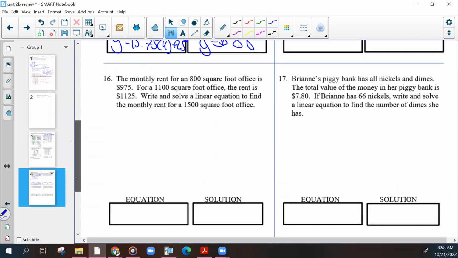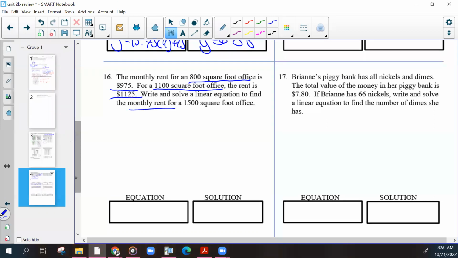So here, you're given an 800 square foot office for $975, a 1100 square foot office, $1125. You write and solve a linear equation to find the monthly rent for 1500. What did they give us?